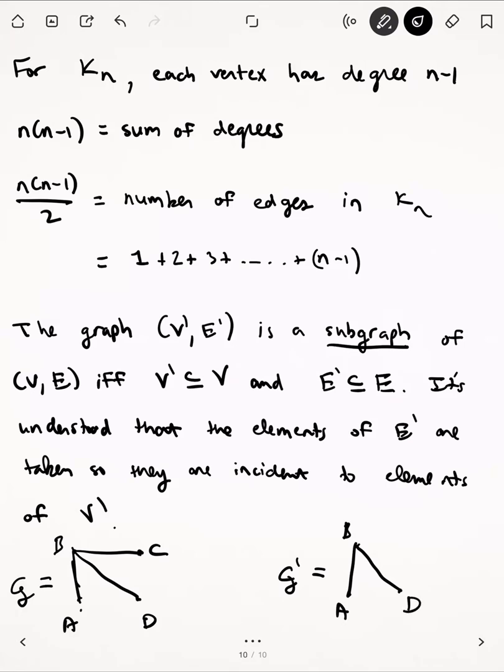So I've taken the vertices B, A, D out of G, out of the set V that comprises G, and then I've taken the edges that are incident to those vertices. Notice what I mean by saying what it's understood about how we take the edges is that I didn't take B, A, D and then take the edge connecting B and C, because that wouldn't make any sense.